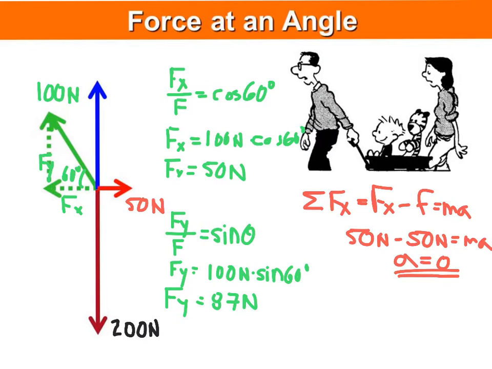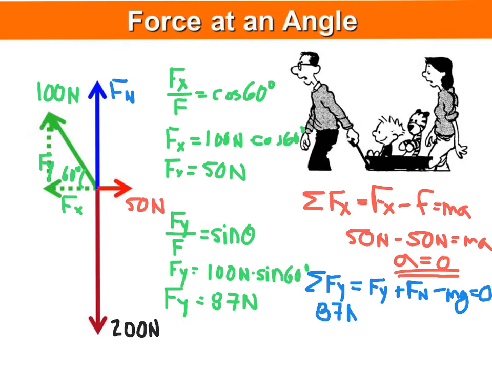The vertical direction, on the other hand: the sum of the forces in the y direction equals Fy pulling up, plus the normal force, Fn, minus mg, and we don't want it to accelerate, we don't want it to go up and down, so it's constant velocity. All my forces have to add up to 0. So Fy is going to be 87 newtons.